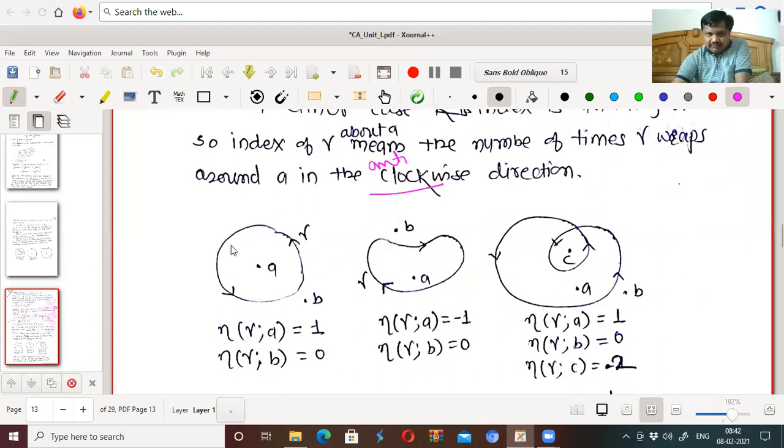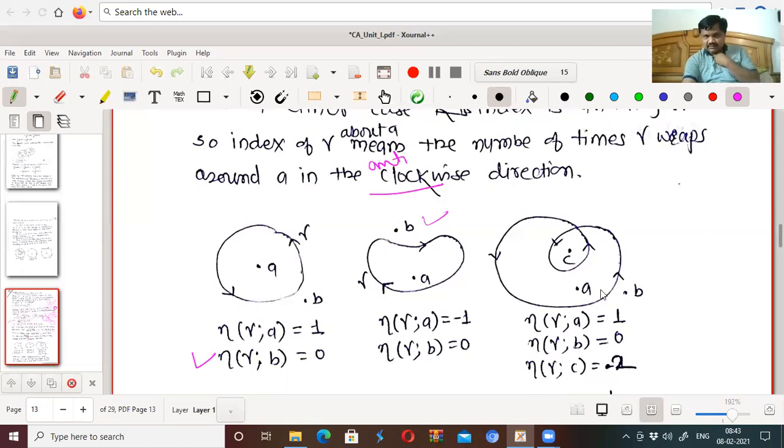But the winding number of gamma about B is 0, because gamma does not revolve around B. For this curve, n(γ, A) equals −1 because the direction is clockwise, and n(γ, B) is again 0 because B is outside gamma. So if a point lies outside gamma, then n(γ) about that point is always 0. That means the curve doesn't revolve about that point B.